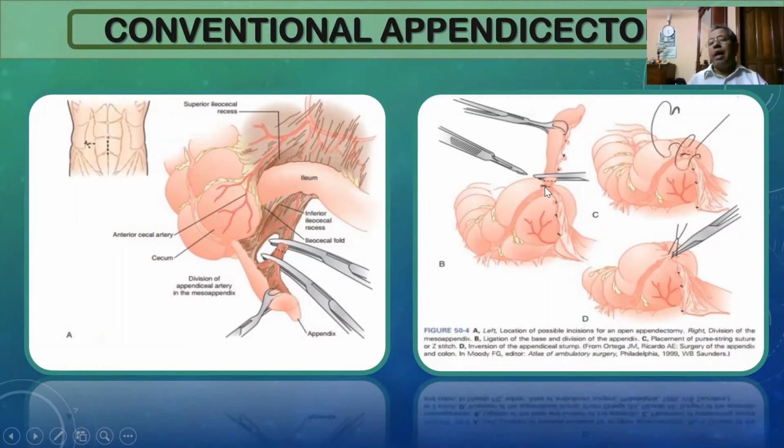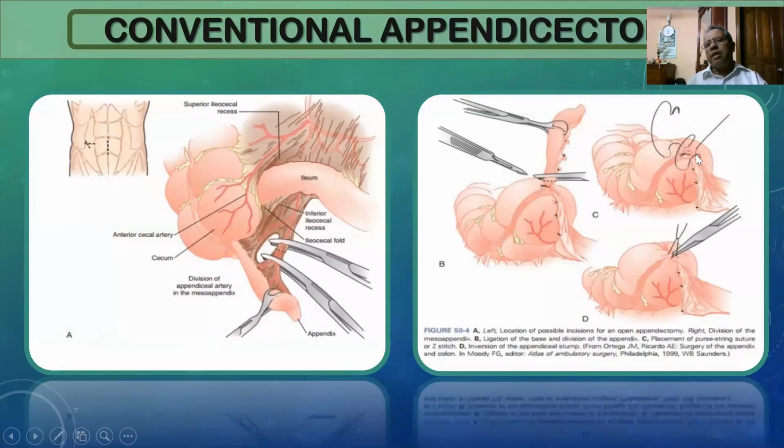But whenever the appendix base is gangrenous or almost perforated, in that case it is not possible to make a tie like that. In that case, the appendix stump is closed with a jet type of suture. Make stitches from here to there, then go there, again go there, and then make a tie.